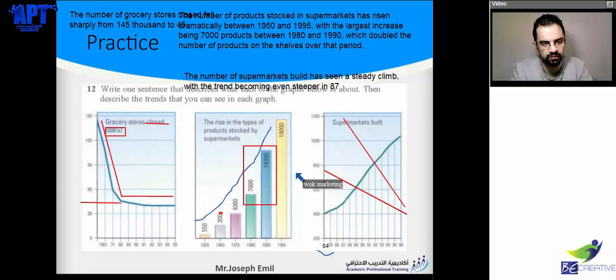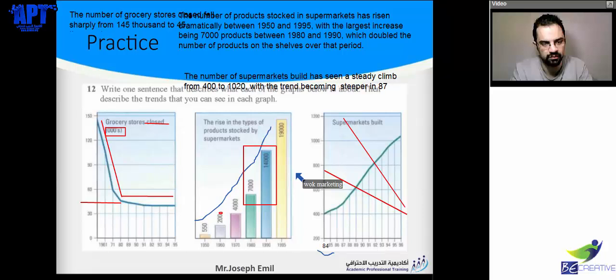So maybe it has seen a steady climb from 400 to 1,050, 1,020, something like that.